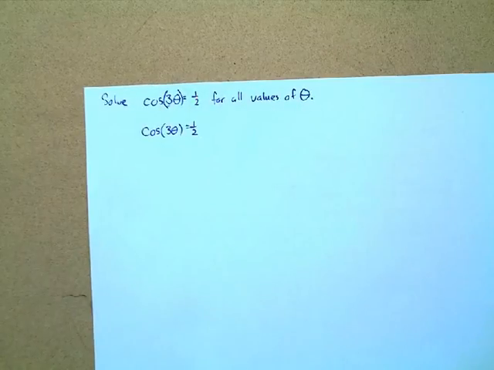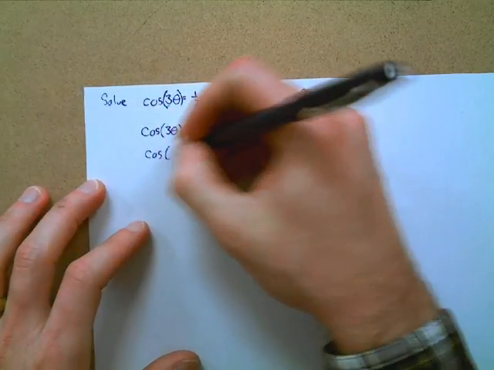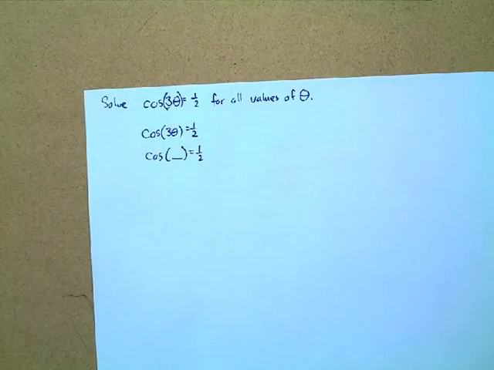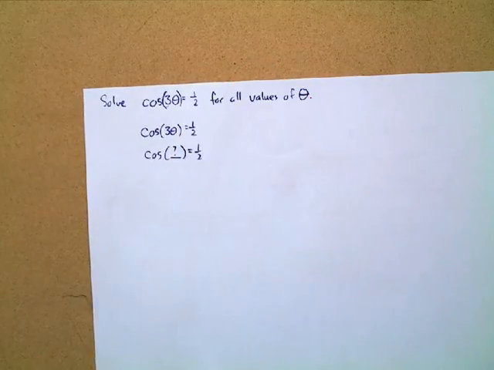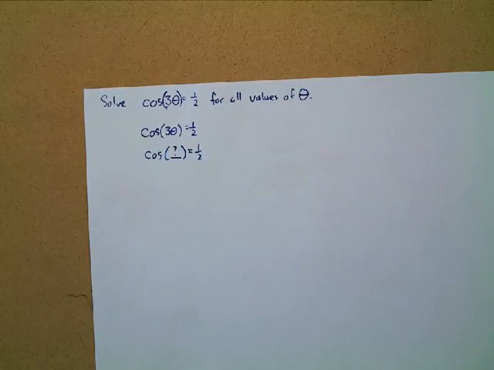Cosine of pi over 3 gives us 1/2, and also cosine of 5 pi over 3 gives us 1/2. So we know that whatever we have here, our what has to equal pi over 3 and 5 pi over 3. Okay.